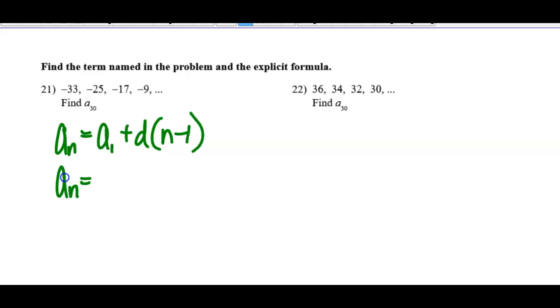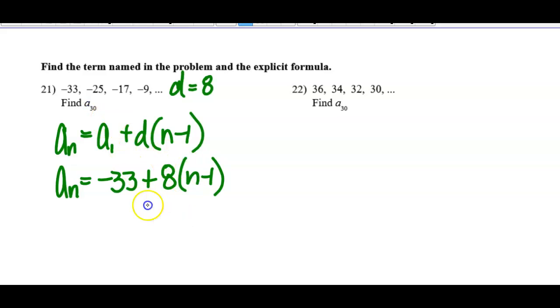So a sub n equals negative 33 plus, this is going up by 8, times n minus 1. Now if I wanted the 30th term, I would just put a 30 in here and say the 30th term is negative 33 plus 8 times 30 minus 1, 29. Negative 33 plus 8 times 29 is 199.